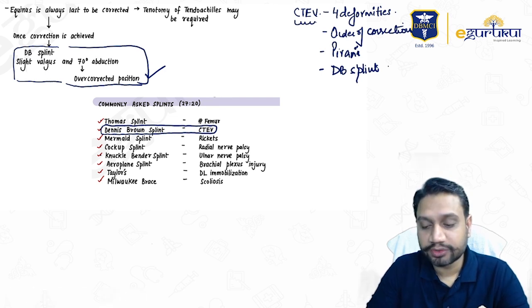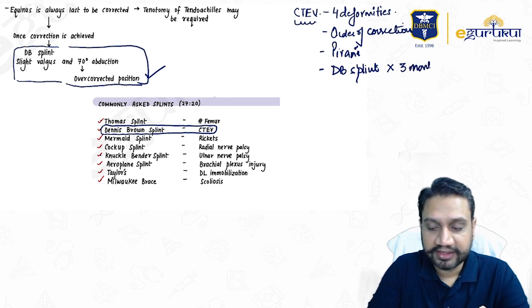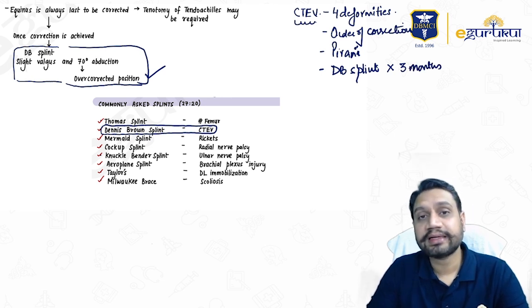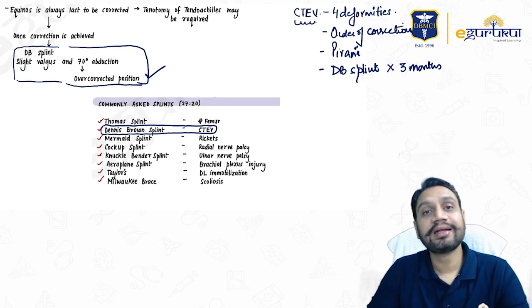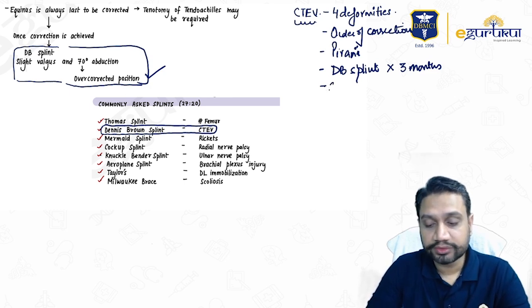But it is only given full time for 3 months, and then gradually we decrease the time. Once the child starts walking, if we need it, it is given in the night time only. After that, if you feel this child can still have some deformity, what we use is the CTV shoes.